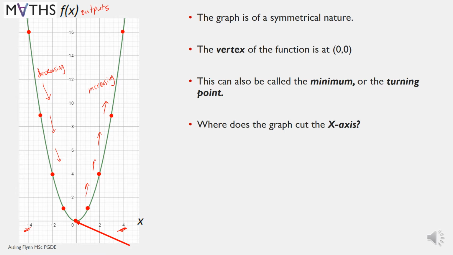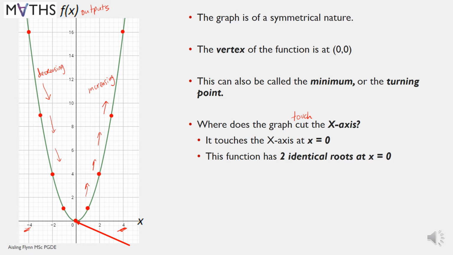Where does this graph cut the x-axis? So where does it cut, or in this case it just touches the x-axis? Well, it is at that turning point. It touches the x-axis at x equals 0. And this function has two identical roots at x equals 0.